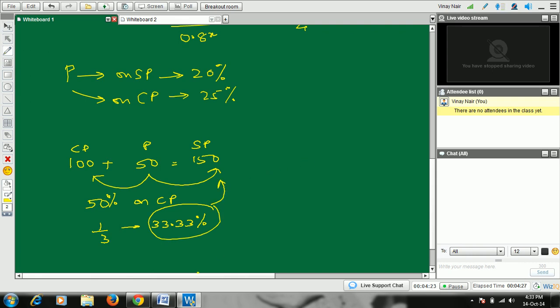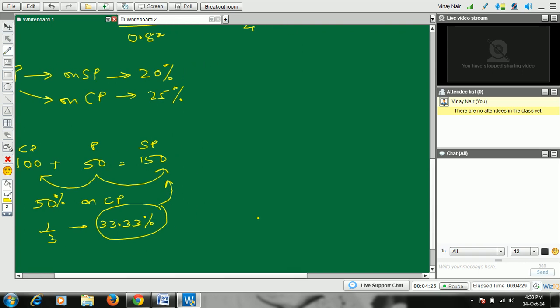Now let us try converting these percentages into fractions. That is, this 20% is nothing but 1 by 5, 25% is nothing but 1 by 4, 50% is nothing but 1 by 2, 33.33% is nothing but 1 by 3, right?